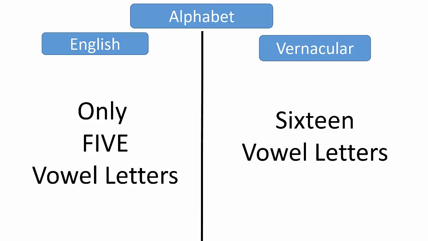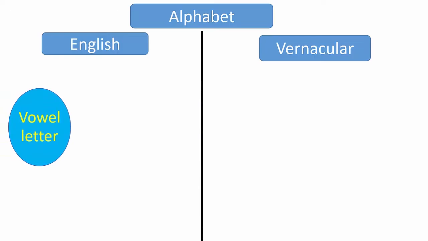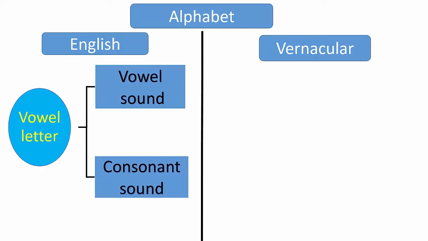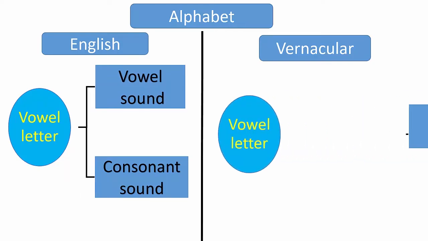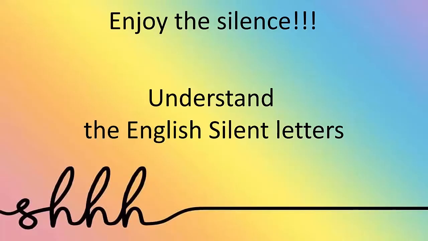Because of having only 5 vowel letters in English, a vowel letter often gives both vowel and consonant sounds. But in Telugu or Hindi, a vowel letter gives only a vowel sound and a consonant gives a consonant sound.